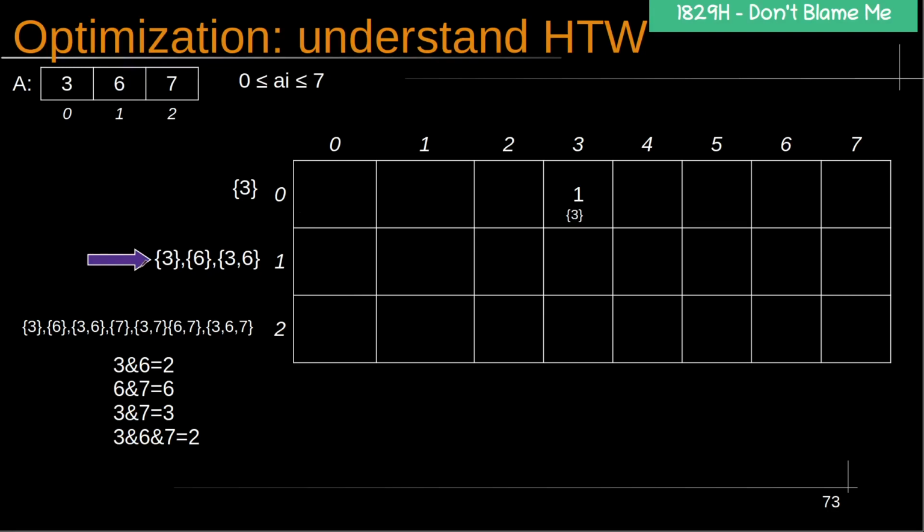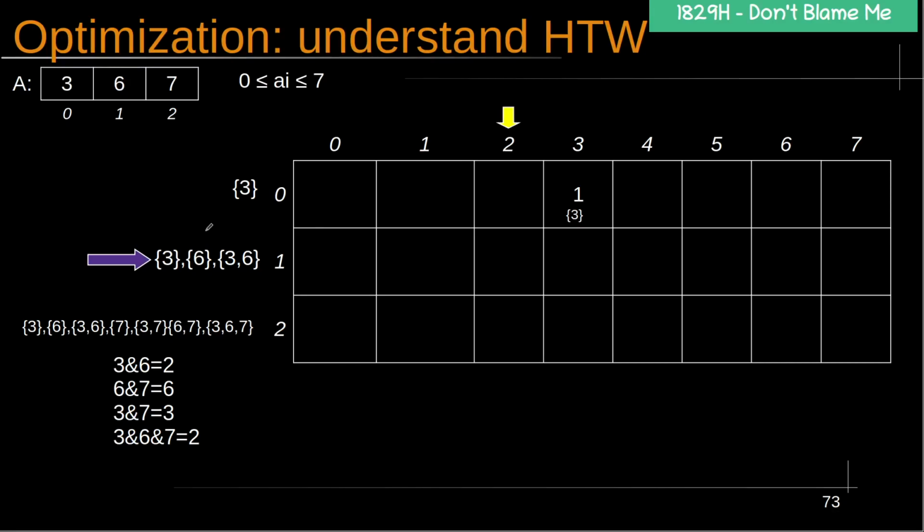How many subsequences have their bitwise AND equal to 0? None. How many have a bitwise AND equal to 1? None. How many have a bitwise AND equal to 2?